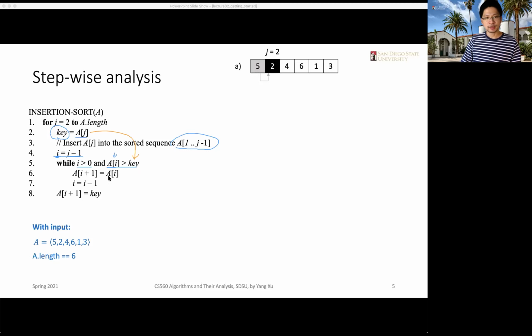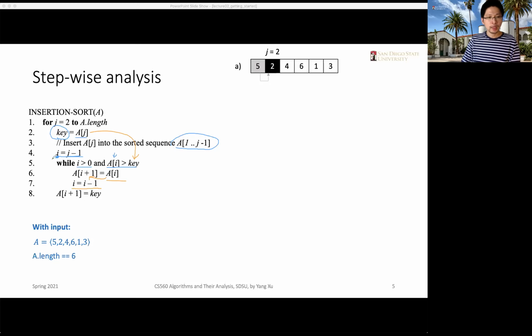It assigns A[i] to A[i+1], which moves A[i] one step to the right, and then it decreases i to continue the while loop.